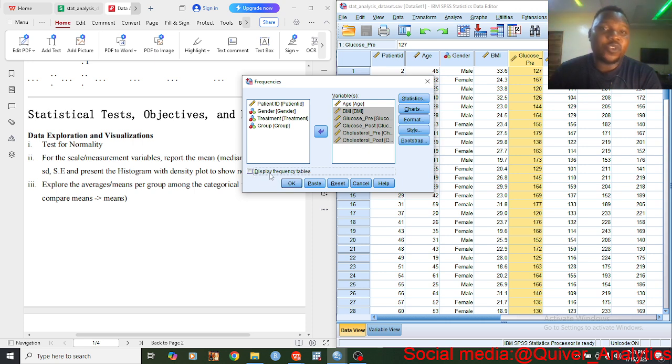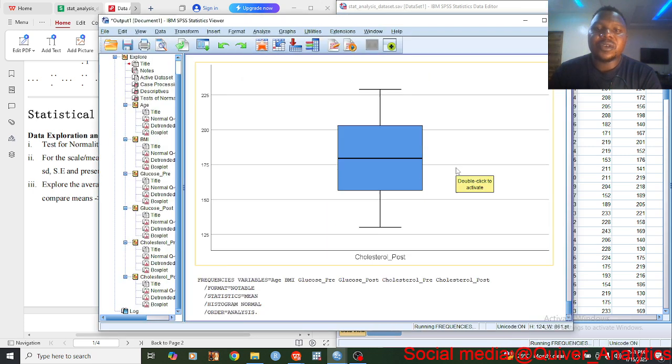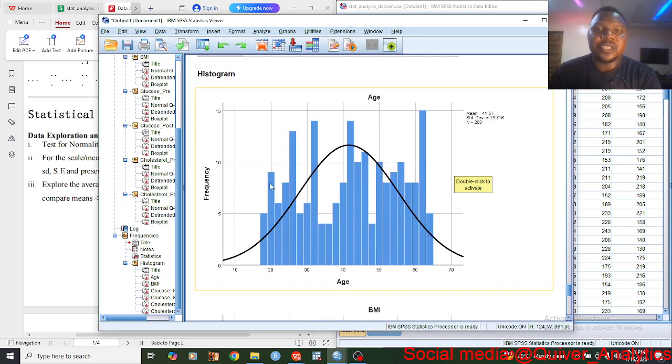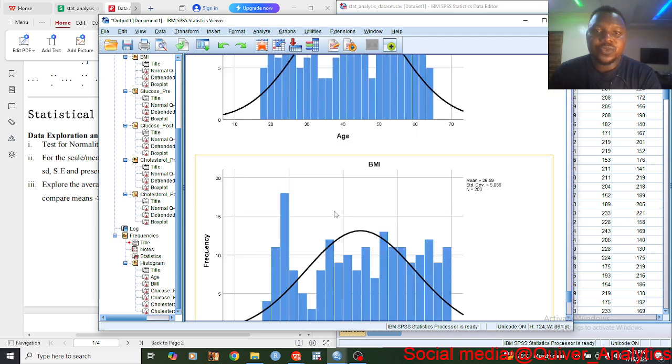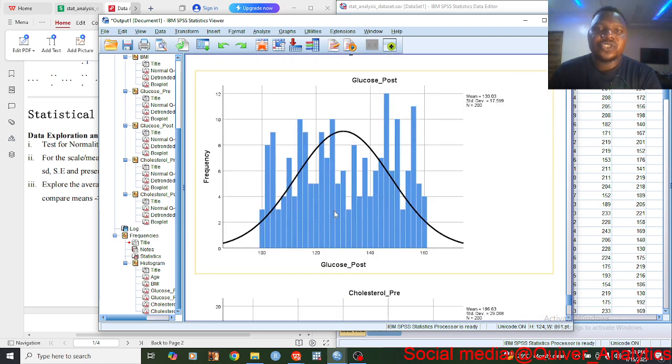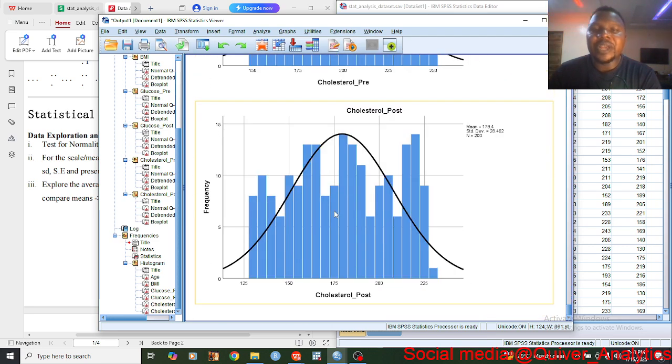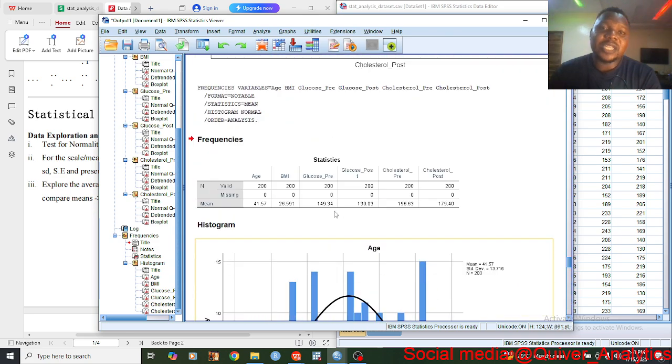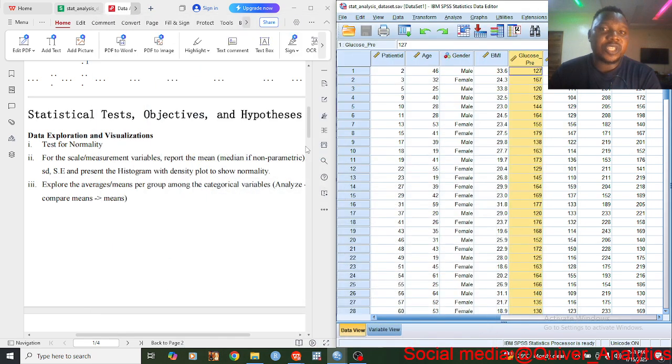You don't have to display frequencies, it's a redundant estimate for scale variables. So I say okay, what I'm interested in is these charts. You can see the bell curve is shown in all of them. All right, so to a large extent we can say that our data is normally distributed, which is fine. Now, the first one is done.